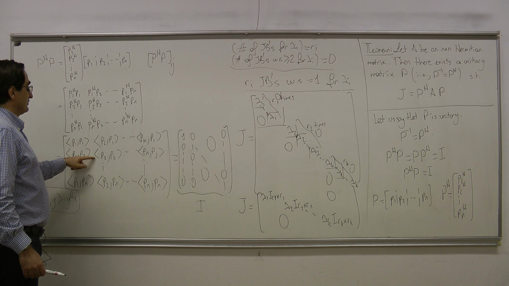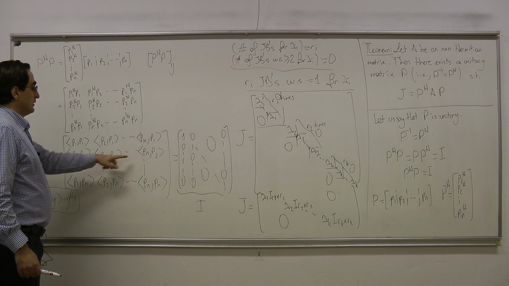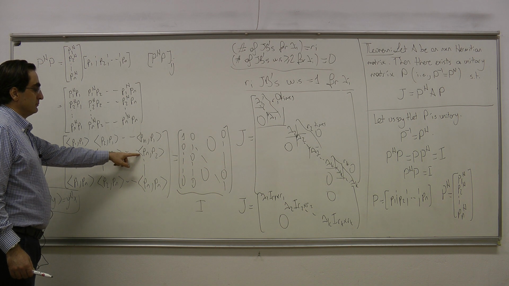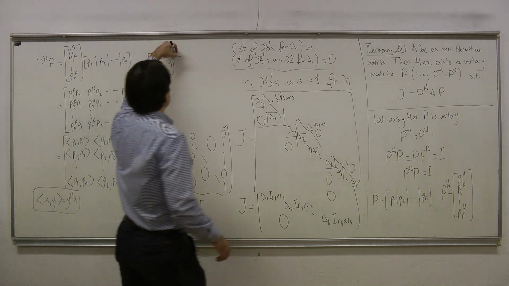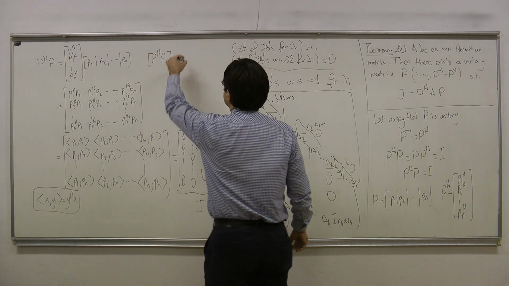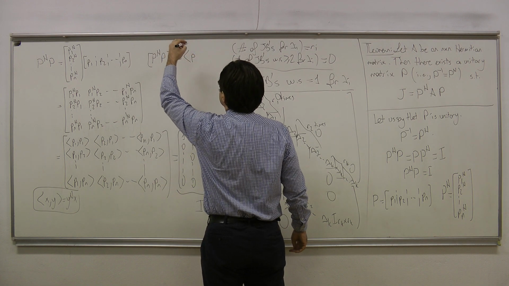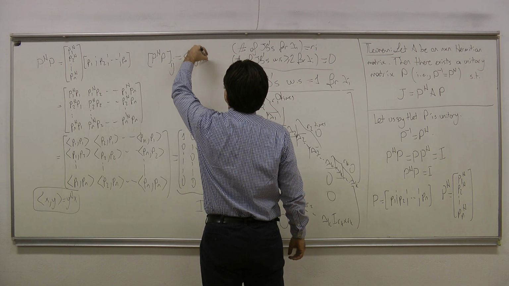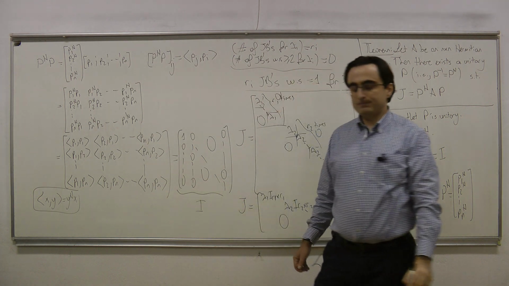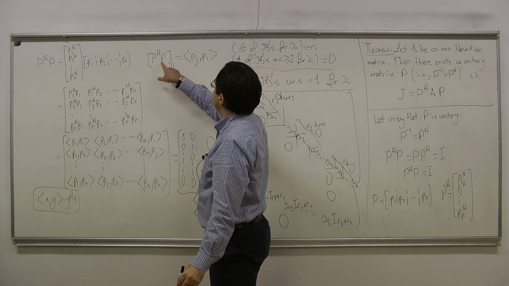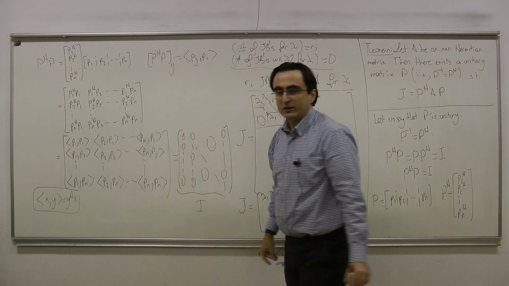This one is the second row, second column. This one is the second row and nth column. So we see that, according to this relationship, this is actually equal to the inner product of Pj with Pi. Okay, the ijth element of the matrix P Hermitian P is this inner product.